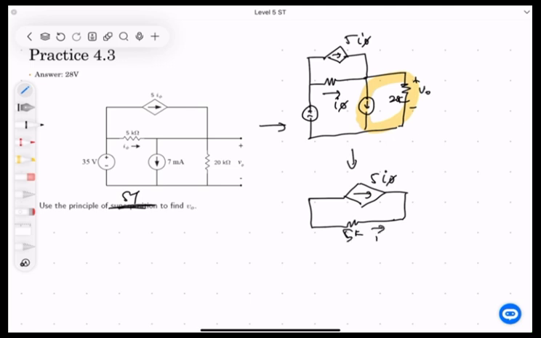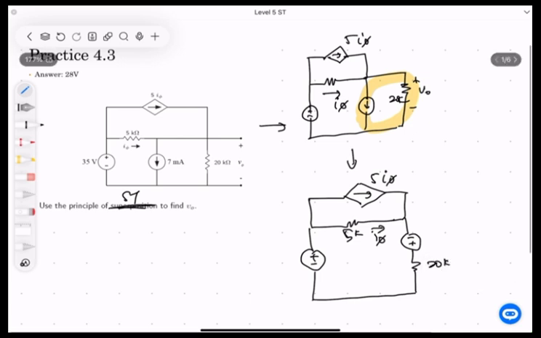So I transform it to become a voltage source in series with a resistor. Here is 20k ohm, and this one here again, V equals IR, the principle of Ohm's law.